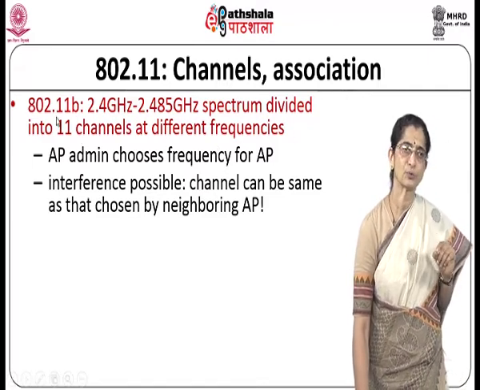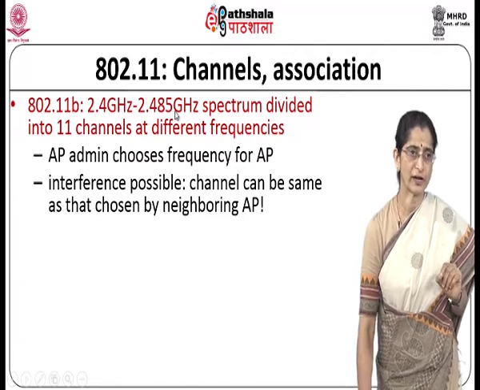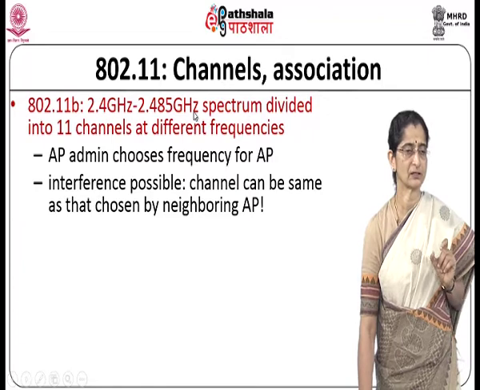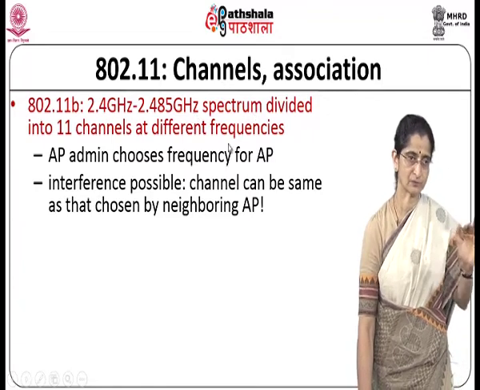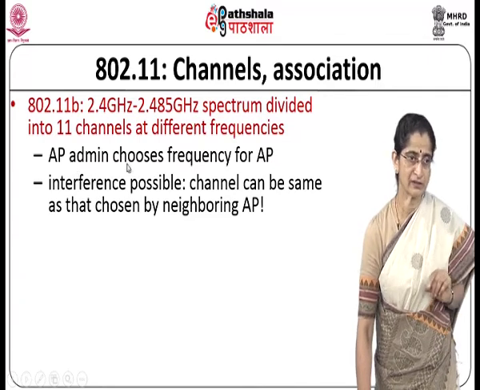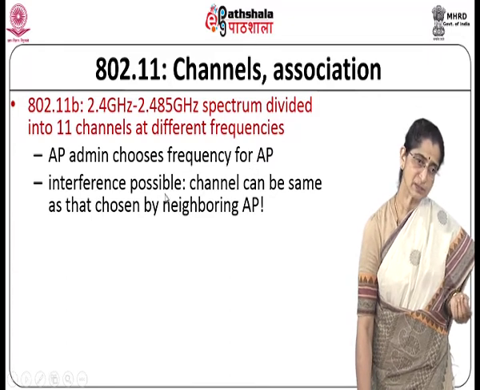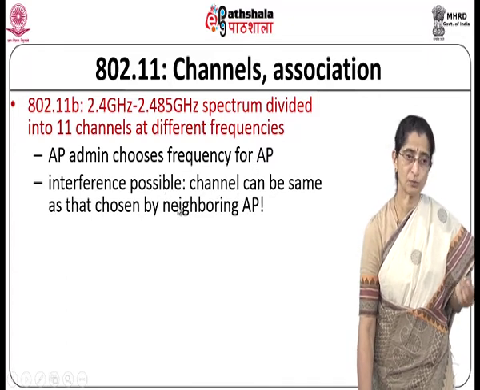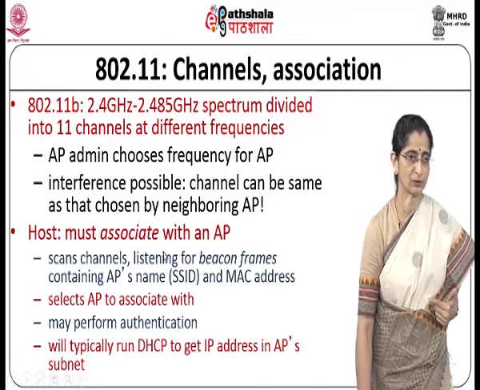If you look at 802.11b, for instance, the 2.4 gigahertz to 2.485 gigahertz spectrum that is available to it is divided into 11 channels at different frequencies. The access point administrator chooses a particular frequency for the access point. So interference is possible because that same channel could be used by some other neighboring access point. So we need to be careful about that.